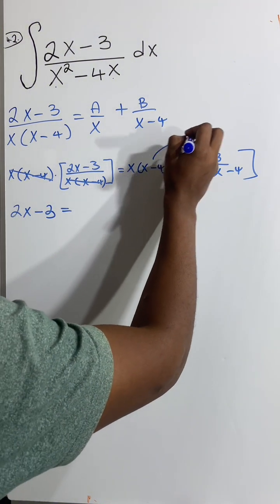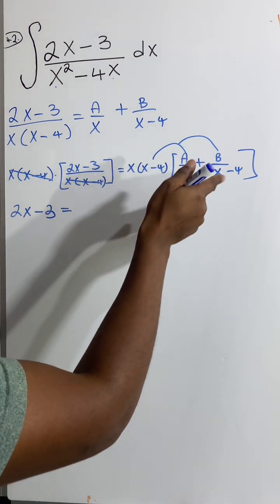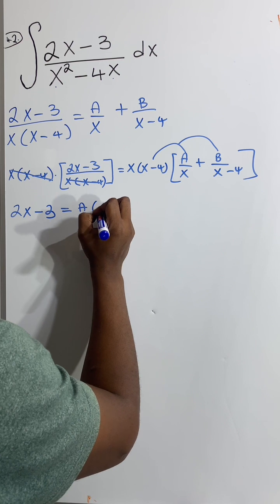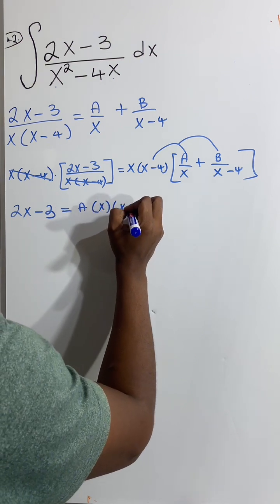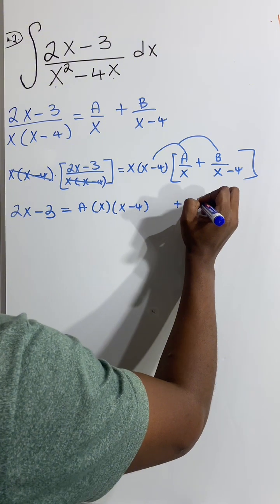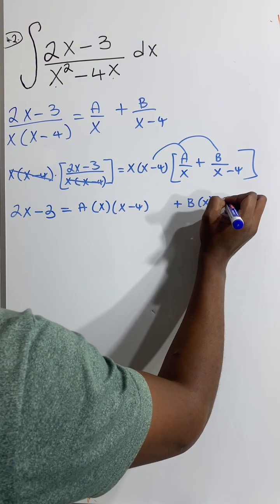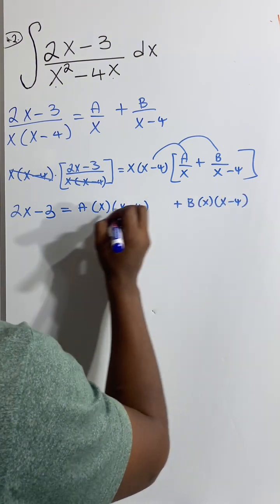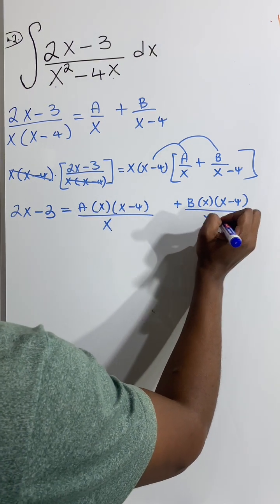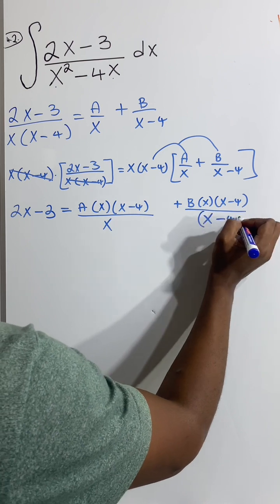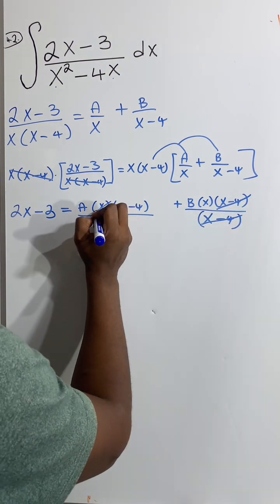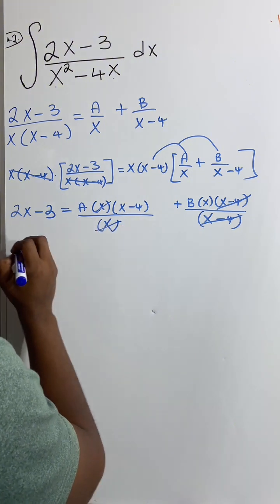And we distribute the x times x minus 4 inside the parentheses. That x minus 4 will divide with that x minus 4, and that x will divide with that x.